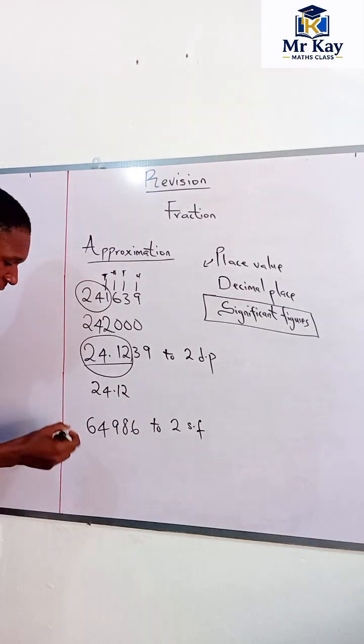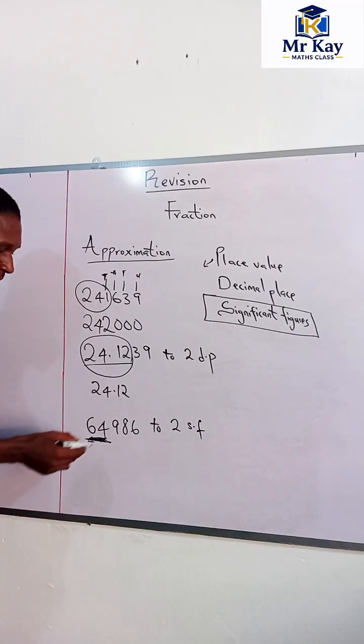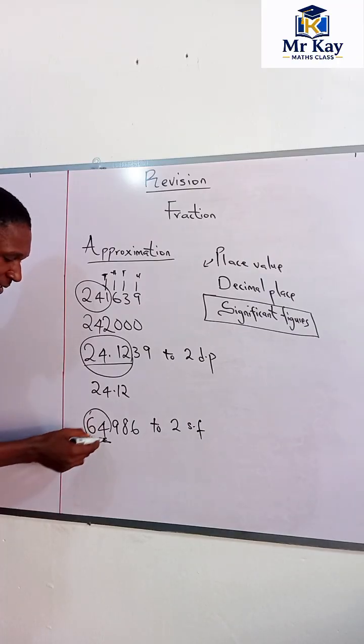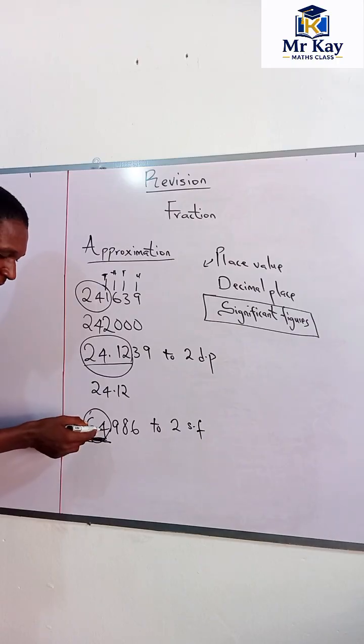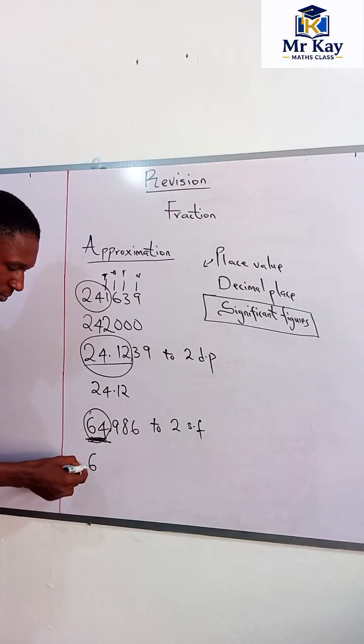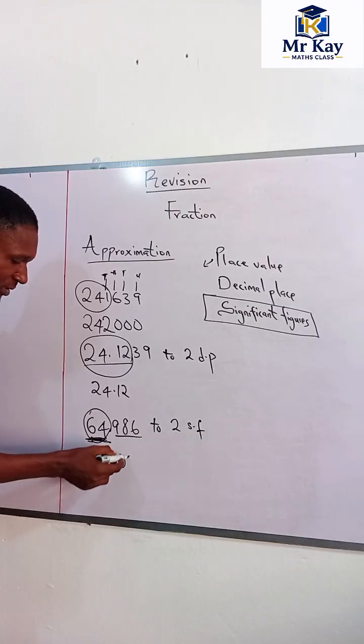Just two significant figures, which is 6 and 4. These are the two numbers I need you to write. But before then, check the next number. If the number is up to 5, like this, it's up to 5. Since it's up to 5, that means we are going to increase this one by 1. Instead of 64, it's now going to be 65. And we change the remaining three numbers to 0.